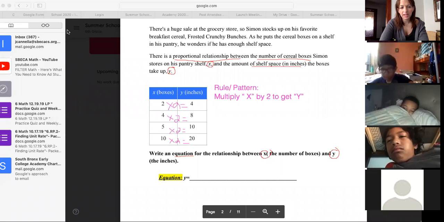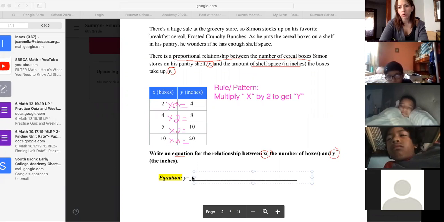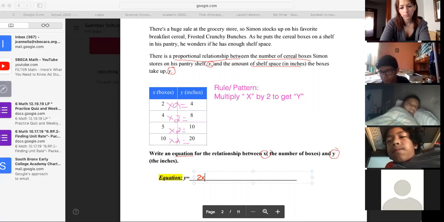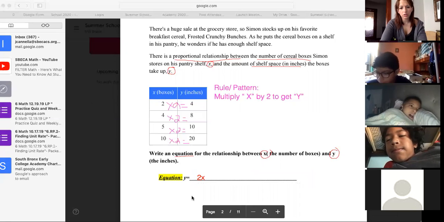So we're going to always say Y equals in the equation. What do I do with the X? What am I multiplying it by, Omar? You're multiplying by 2. So we're going to multiply 2X.